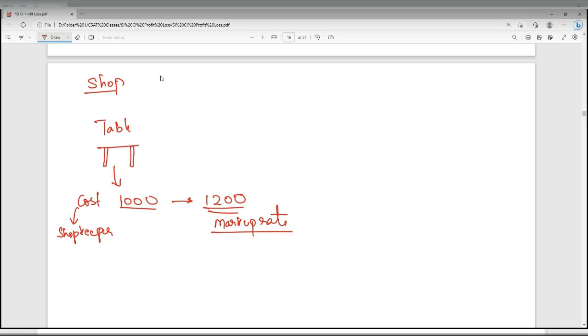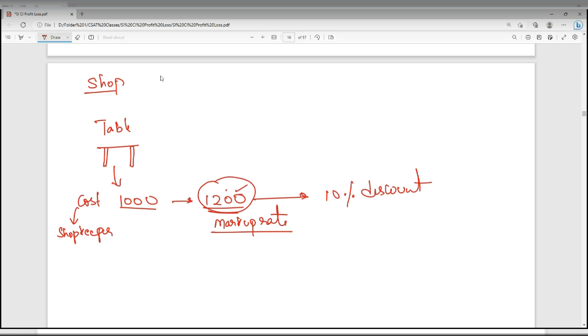Now normally he can sell it at this rate, or he can try to sell it at a discount on this rate. So for example, he can say that I'm giving a 10% discount. If he's giving a 10% discount, that discount will be calculated on the rate on the sticker.